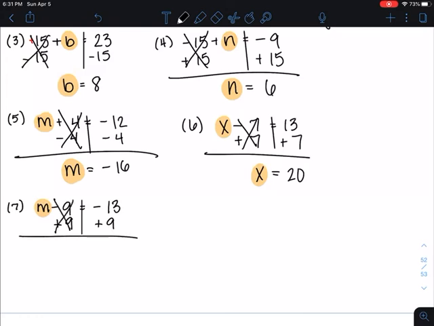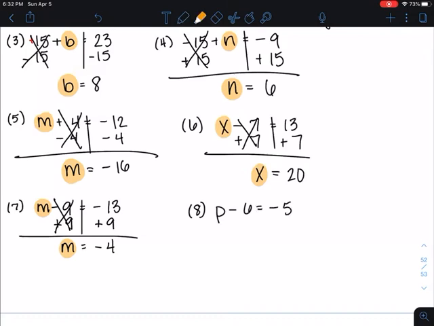We're going to do that to both sides of the equal sign. Negative 9 plus 9 equals 0. So those cancel. I have m equals, and negative 13 plus 9 would be negative 4. Is my m by itself yet? Yes, it is. We're done with the problem there. We know that m is equal to negative 4.